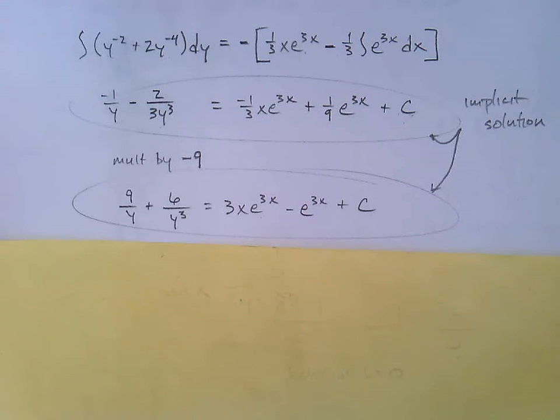So you might be wondering, when you do, say, homework, how would you know to stop with an implicit or when to continue for an explicit, or maybe on a quiz or a test? If I want you to answer as an explicit, I'm going to tell you in the directions. I'm going to say solve and answer as an explicit solution. If it does not say to answer as an explicit, then I'm going to be perfectly happy with an implicit or an explicit.